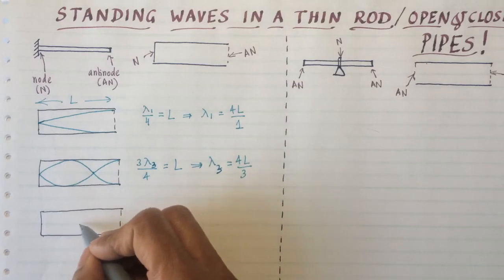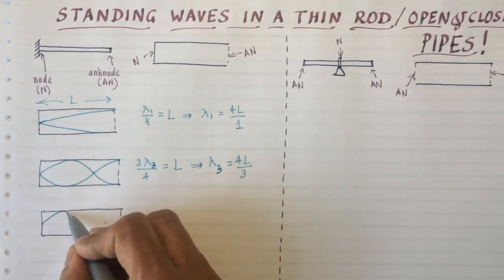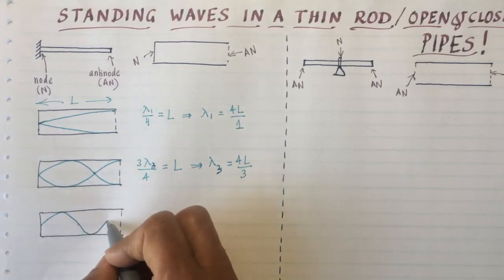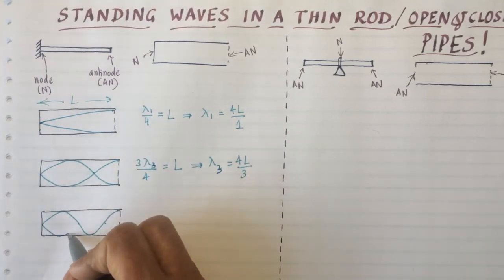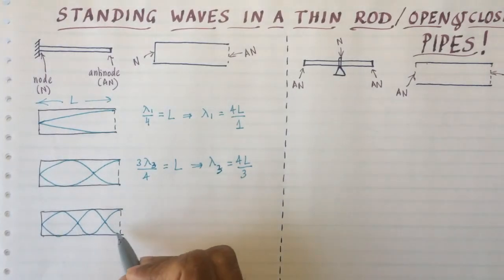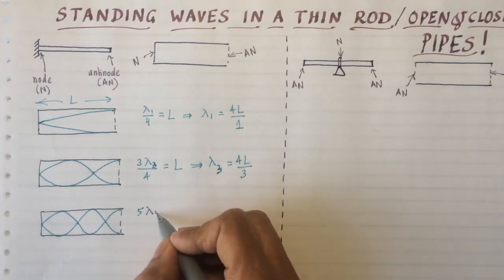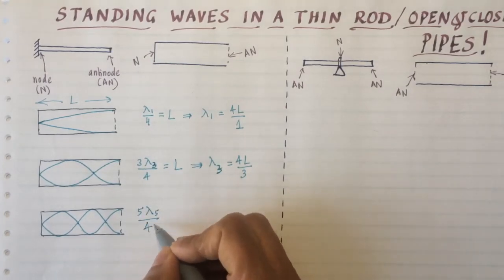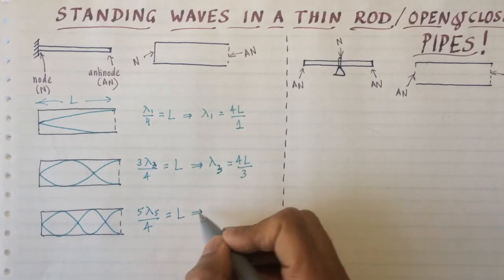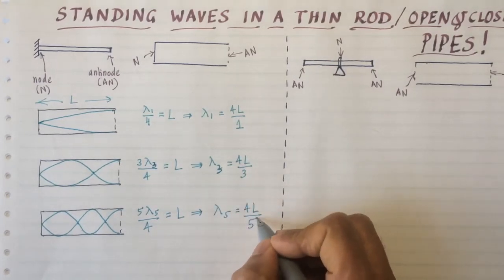Okay, the next mode will be one where you get this, and that's going to be 1 full lambda plus a quarter lambda, and that's 5 quarters lambda. I'll call this lambda 5. And so that gives me lambda 5 equals 4L over 5.